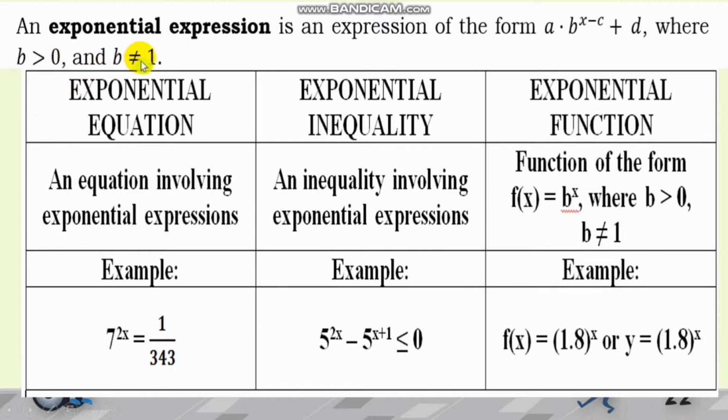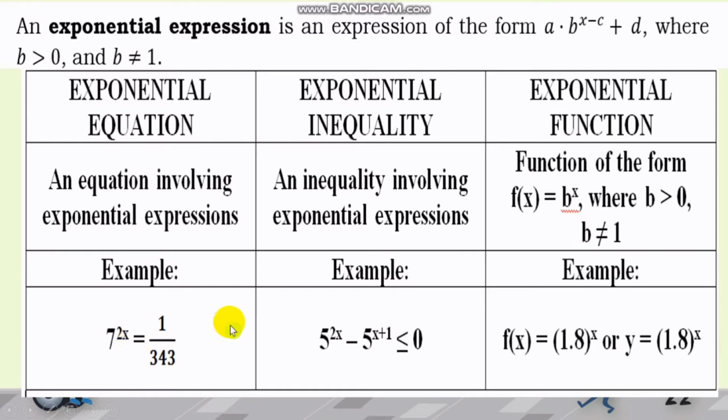So, since ang base mo ay 7 dito, it's okay. Ibig sabihin, greater than 0 siya and not equal to 1. And take note also, yung exponent mo, it should contain variable. Okay? And since we are in equation, it should contain also equal sign. Ibig sabihin, may equal sign dapat.